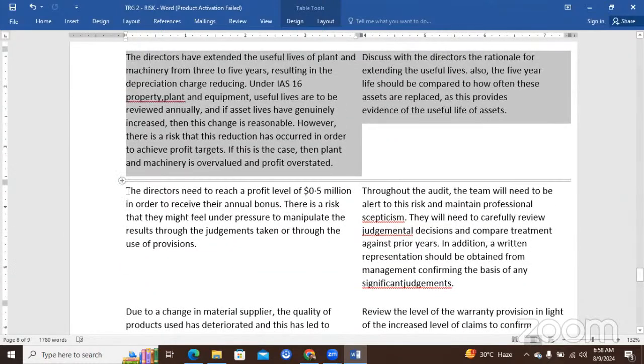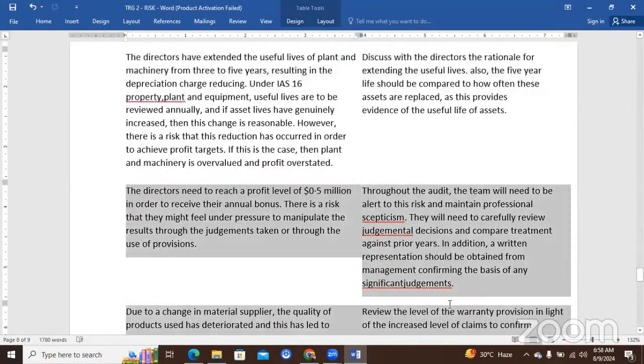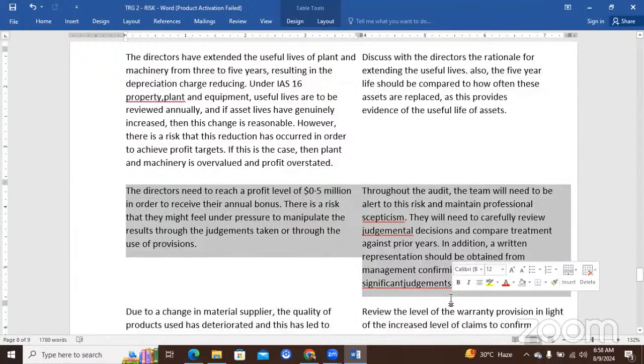See here, this one. The directors need to reach a profit level of 0.5 million in order to receive their annual bonus. There is a risk that they might feel under pressure to manipulate the results through the judgments taken or through the provisions.